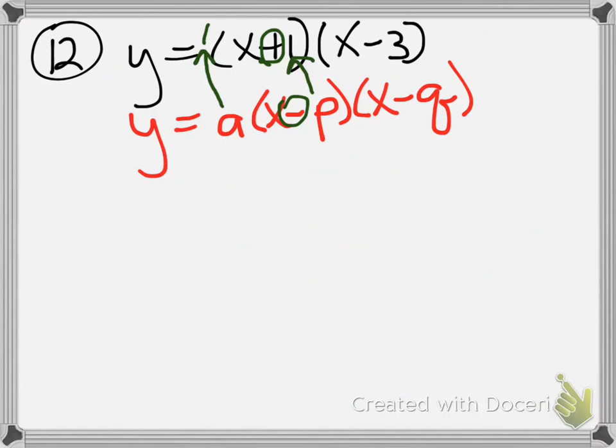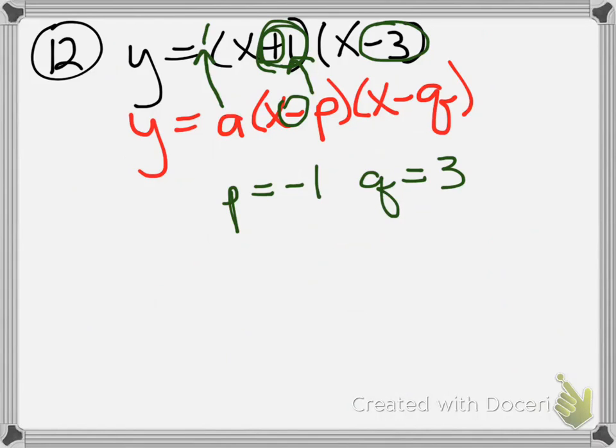So they're opposites. So p is going to be the opposite of what we have right here. So the opposite of positive 1 is negative 1. So p is the opposite, and q is also going to be the opposite because it's in opposite world. So this says minus 3, but we know it'll actually be positive 3 because it is in x world.